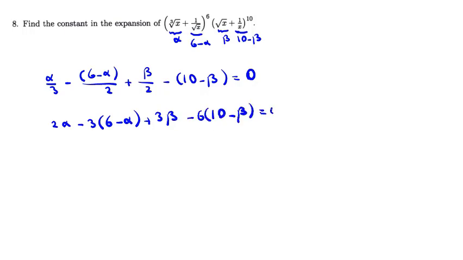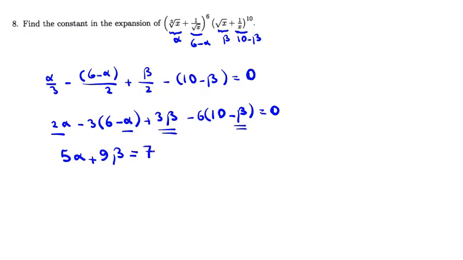So 2 alpha plus 3 alpha is 5 alpha, and 3 beta plus 6 beta is 9 beta, plus the constants negative 18 and negative 60, which is negative 78. So 5 alpha plus 9 beta equals 78.